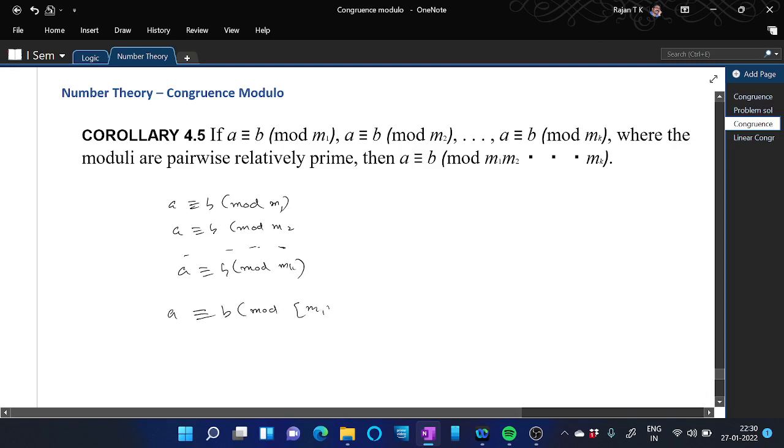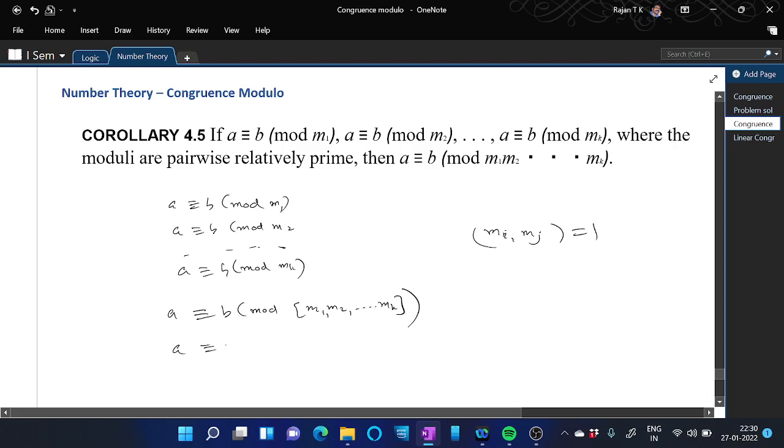LCM of M1, M2, etc., Mk. But here the Mi are such that they are pairwise relatively prime. That is, Mi, Mj for i not equal to j are such that GCD of Mi, Mj is 1. In such cases the LCM of relatively prime numbers is the product of the numbers.